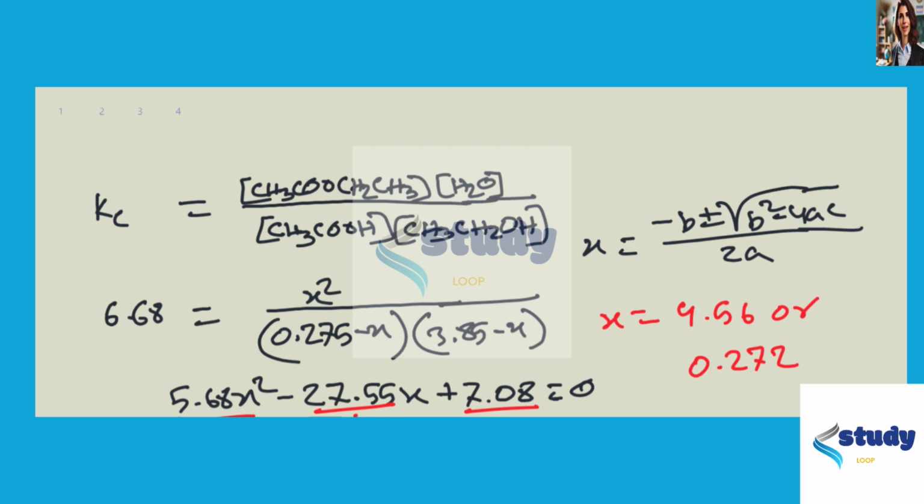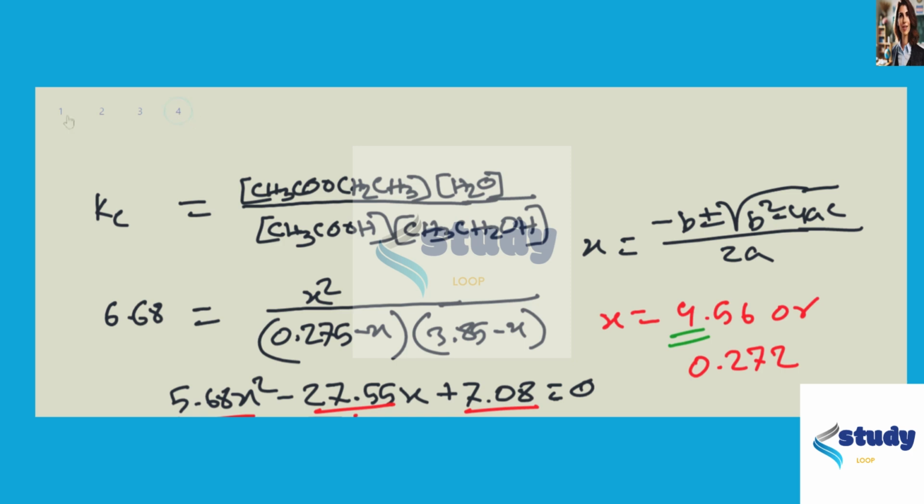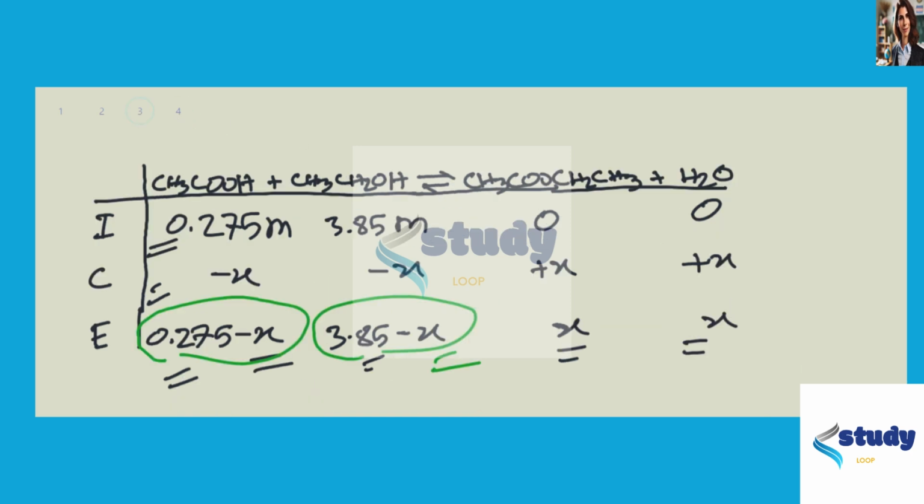Now if we plug in these two values, we'll see that if we plug in 4.56 here, we'll get negative concentrations for both the reactants. That means 4.56 is not an acceptable value for x because we cannot have negative concentrations.